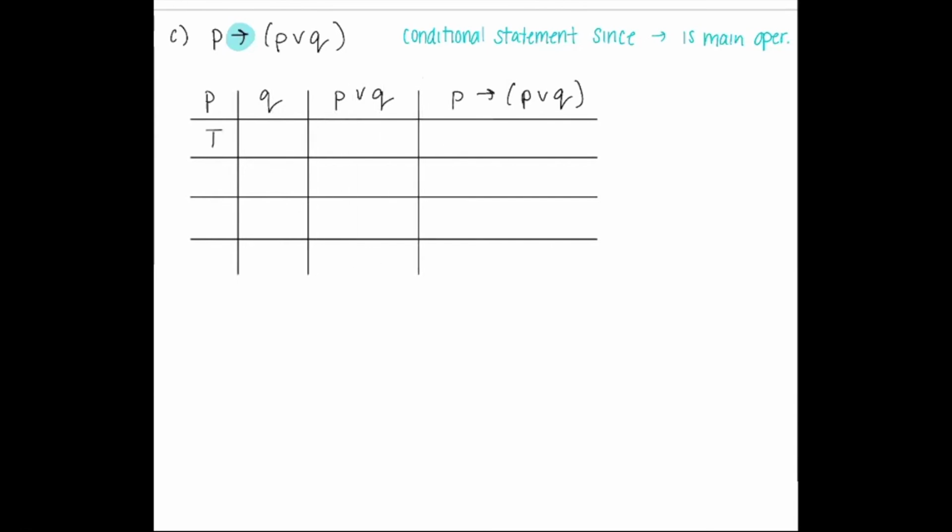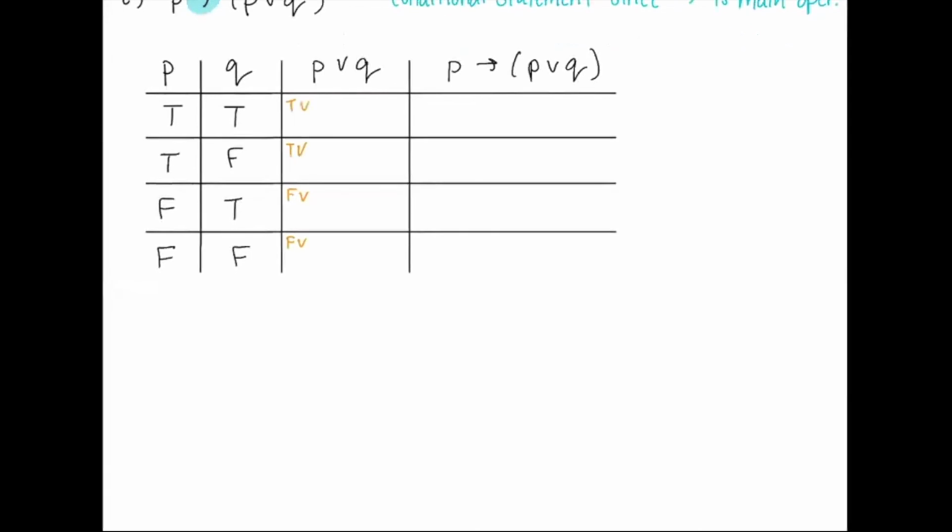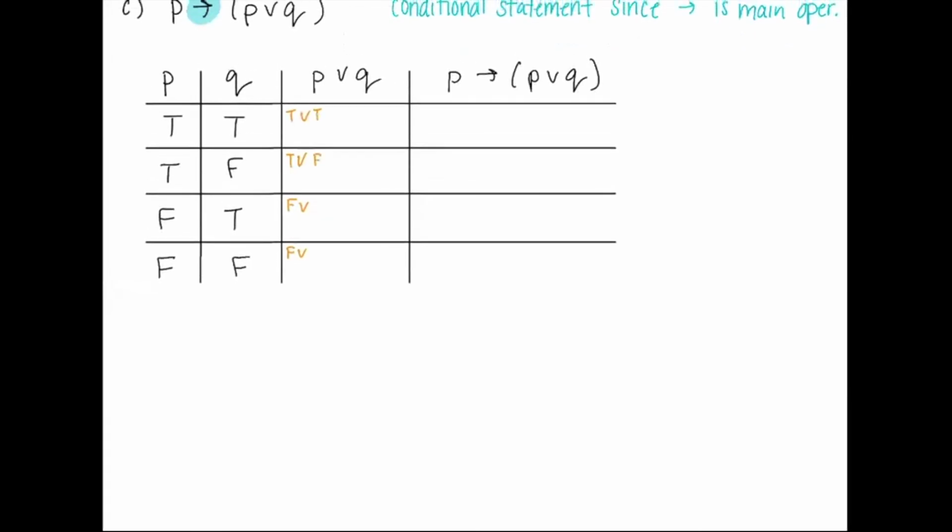So they are both true, true, false, false, true, false, false. We are doing or to start. So I want to put P's values, my or symbol, and then Q's values. And as long as one is true, my or is true. So these are all true, but here they're both false, so one or the other is not true.